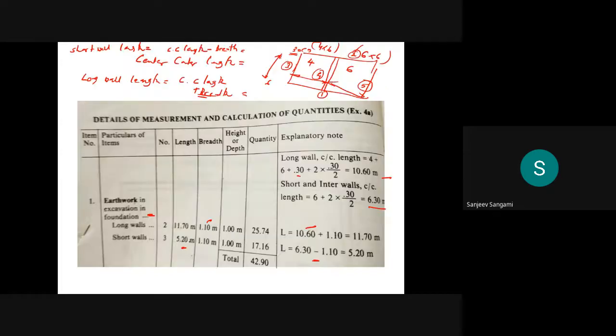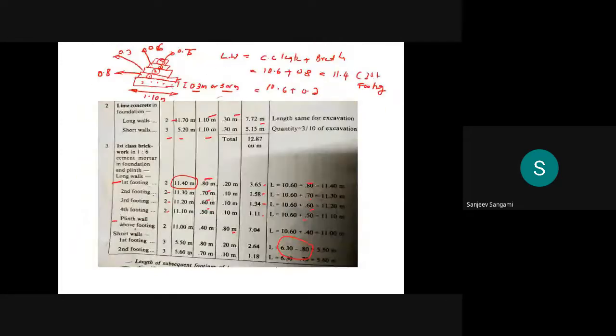But remember here, it is center to center length minus breadth that you have to do. Center to center length we already calculated in the previous case, that is 6.3 minus one breadth. So for the short wall, CC length minus 1 breadth.